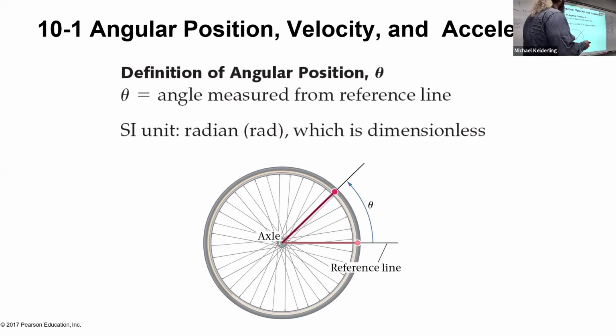The unit is the radian, which is dimensionless. There are 2 pi radians in a circle. The radian is the angle which, with a radius of 1, the arc it draws along the circle has a length of 1. So the radian is actually dimensionless because it's basically defined as meters over meters.